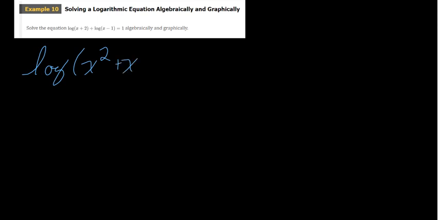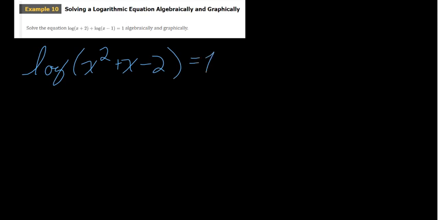So the left side, we have an addition sign there, so we're going to multiply the arguments with one another. So we're going to have log of x squared, then negative x and plus 2x, so it's going to be plus x, and minus 2. That's going to be equal to 1.